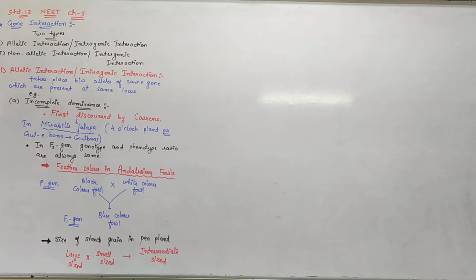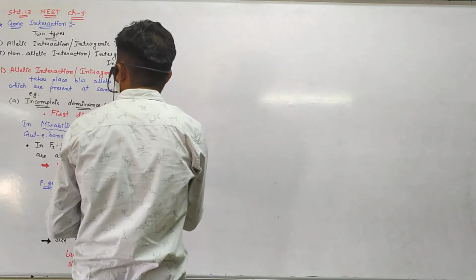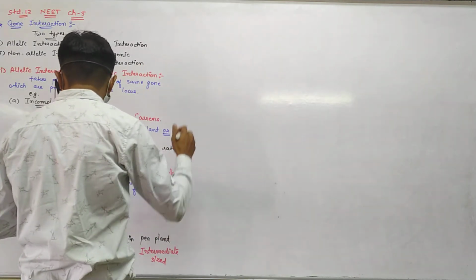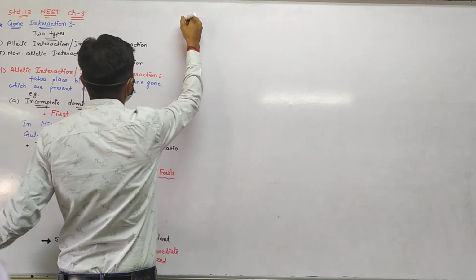So an intermediate size will be formed in the F1 generation. So this is the first, incomplete dominance examples. This one is about incomplete dominance. Now, second is codominance.